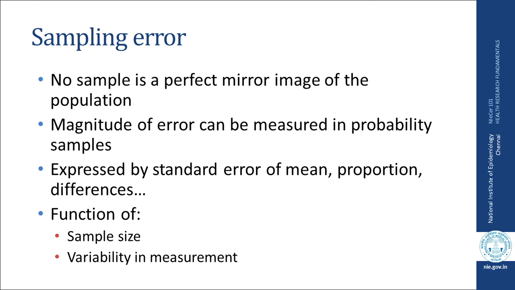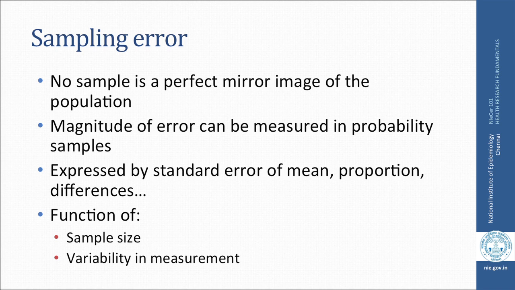Okay? I would like to introduce you to a concept called sampling error. No sample is a perfect mirror image of the population. Always, when you pick a sample from a population and look at the results, it may not be exactly the same as the results in the population. But fortunately, in the case of probability samples, the magnitude of error can be measured in terms of probability.